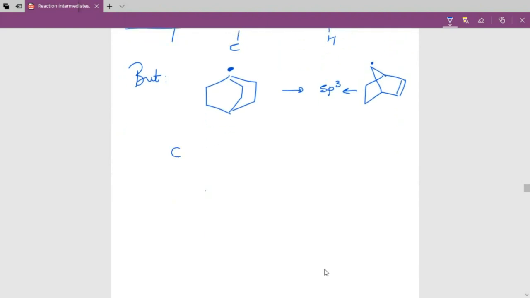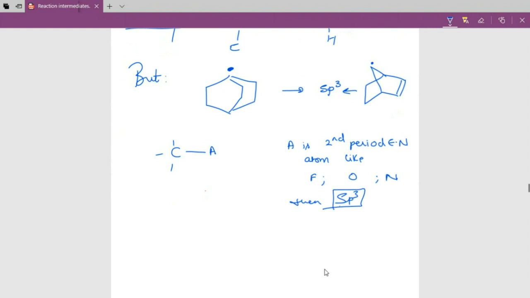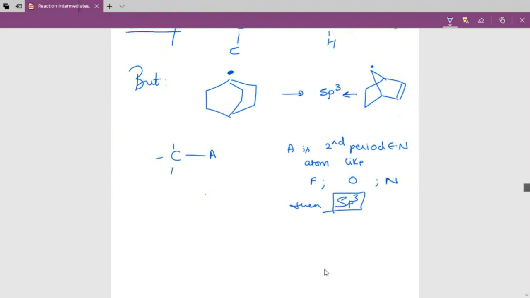But if carbon is attached to an atom A, where A is a second period electronegative atom like F, O or N, then take sp3. I hope I have made my point very clear. When do you have to take it as sp2 and when to take it as sp3?